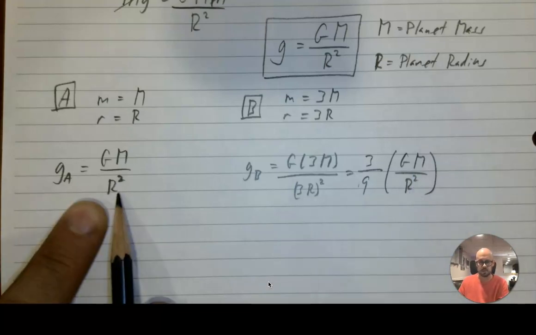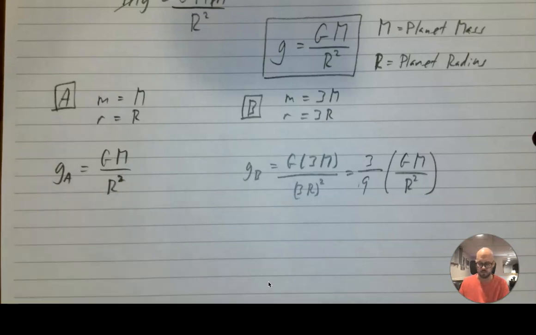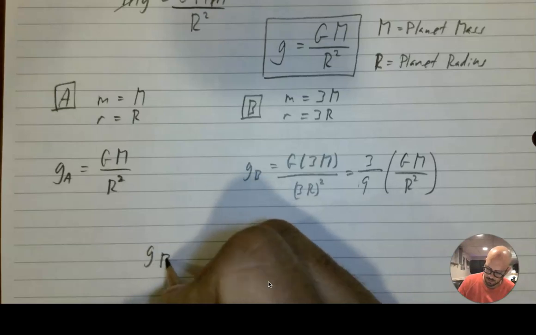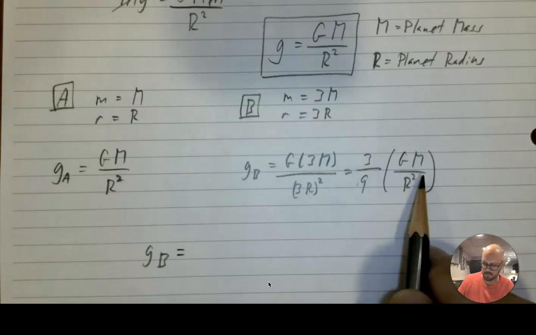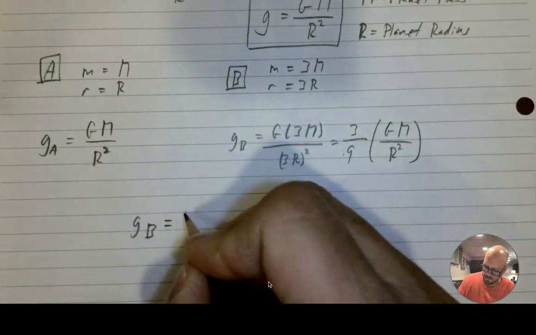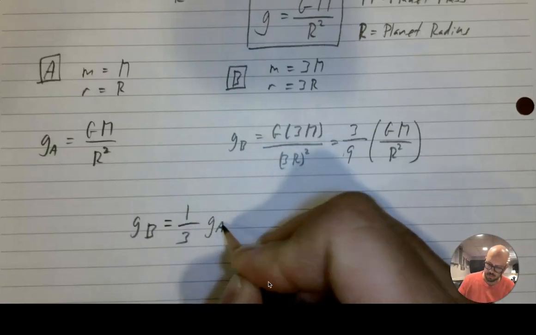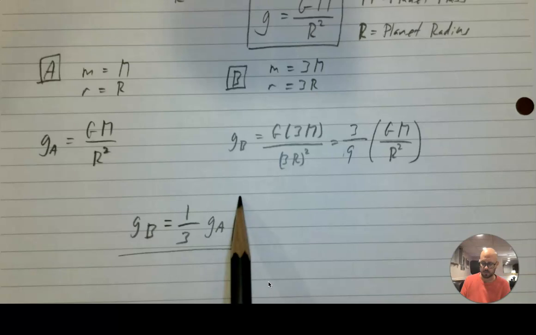And if I look over here, planet A's value of little g is G big M over r squared. So I can condense that and say that little g on planet B is equal to 3/9 little g on planet A. I'm going to clean that up a little bit more. 3/9 is the same thing as 1/3. So the value of little g on planet B is 1/3 the value of little g on planet A.